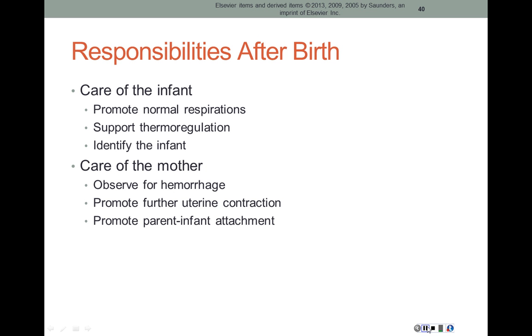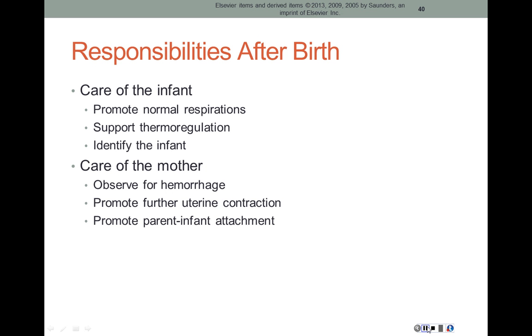Care of the mother. You've got to make sure you observe for hemorrhage. You've got to promote uterine contractions so that we can expel the placenta from the uterus. We also have to promote parent-infant attachment. And usually what happens is as soon as we determine that baby is normal, he's breathing, we get him cleaned up, wrapped up, we want skin to skin.